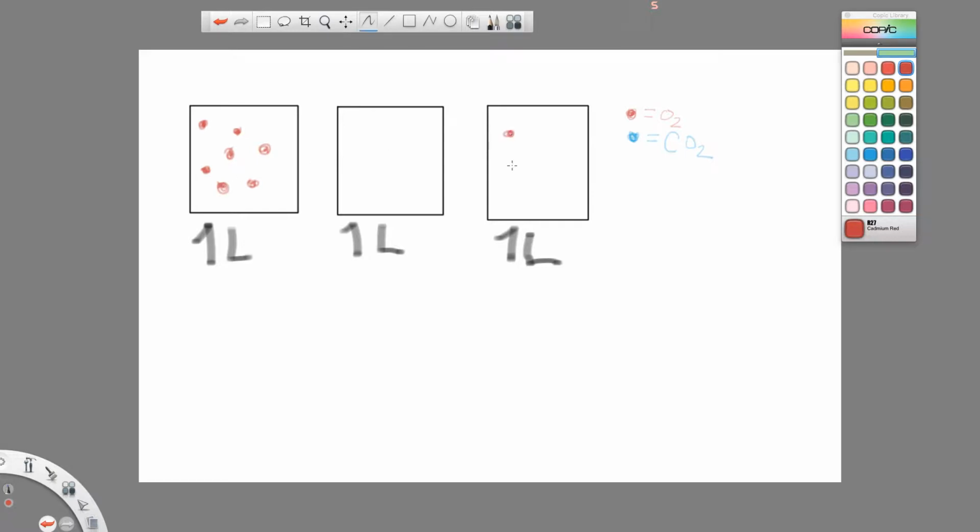In this one we have 3, and in this one we have 5. Now going over to carbon dioxide, we have 1, 2, 3, 1, 2, 3, 4, 5, and 1, 2, 3, 4, 5, 6, 7.